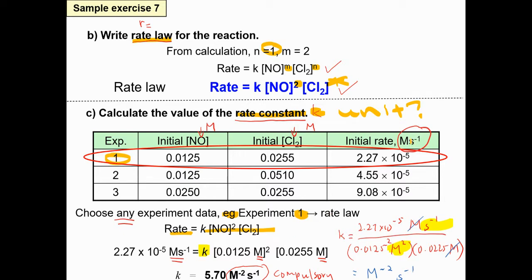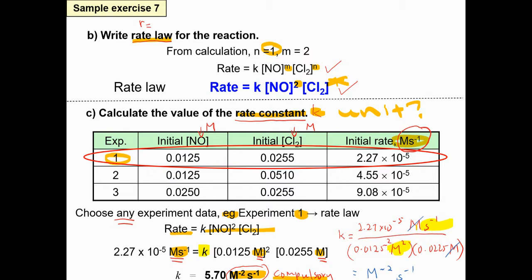Remember, the unit is important when you want to look for the rate constant. The rate is molar per second, given. And we have concentration, so it is molar. After that, when you solve the problem, you will get the final unit for the rate constant, which is compulsory. But students have problems finding the unit of the rate constant.